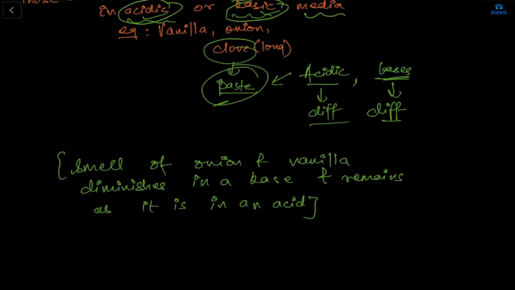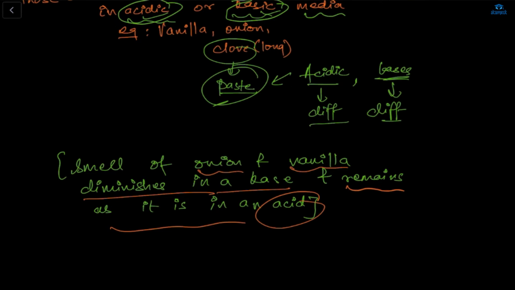Now in the case of onion and vanilla, what's happening? If we add the base, the smell diminishes, meaning our smell is gone. But if we add the acid, the smell remains as it is.